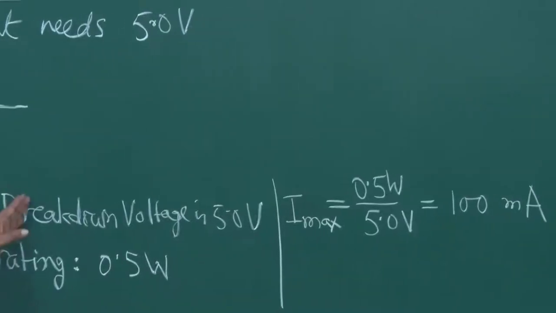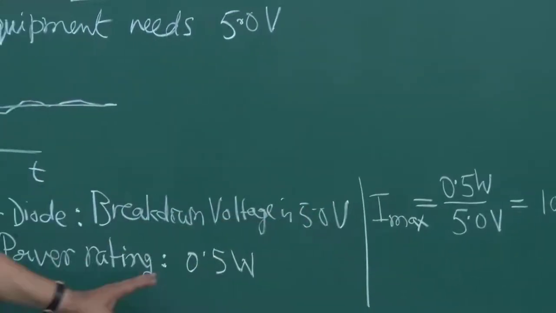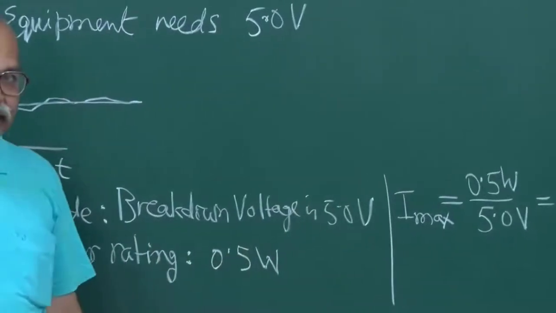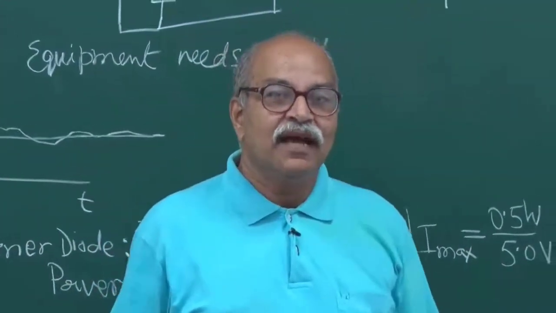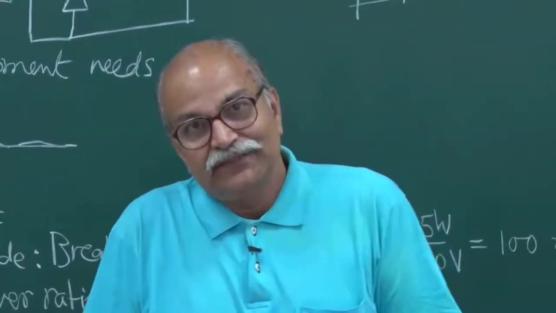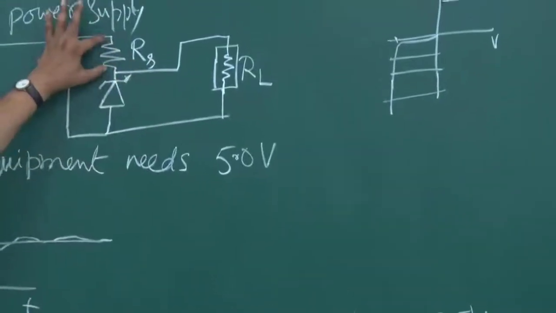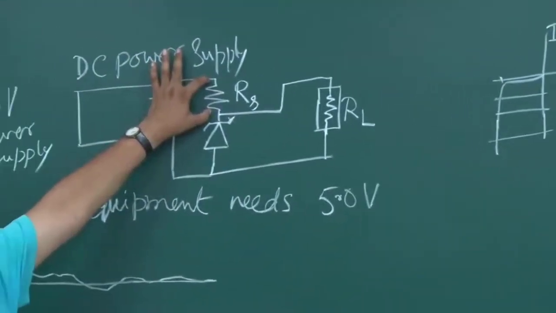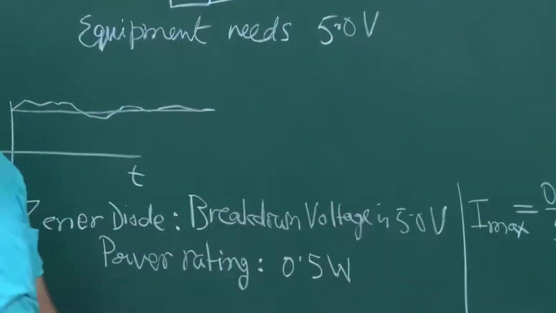So if the breakdown voltage is 5.0 volt and power rating is 0.5 watt, then you are requested not to send more than 100 milliampere current in this Zener. So this RS, this resistance is put to ensure that the current is not more than 100 milliampere.